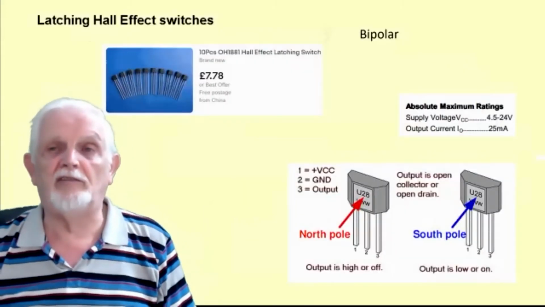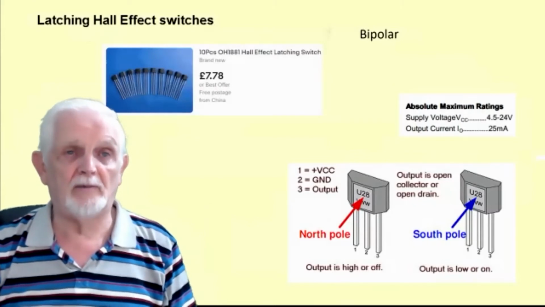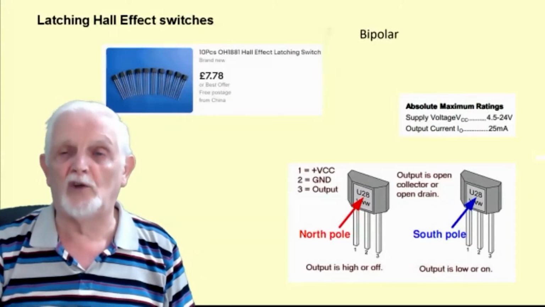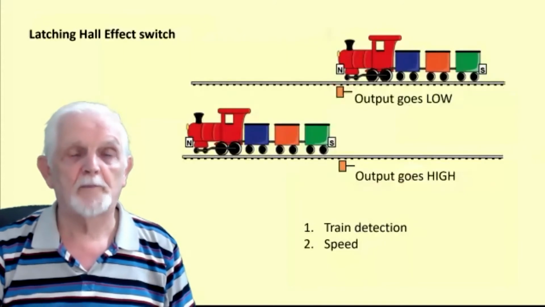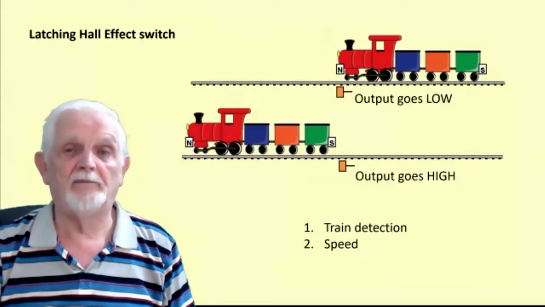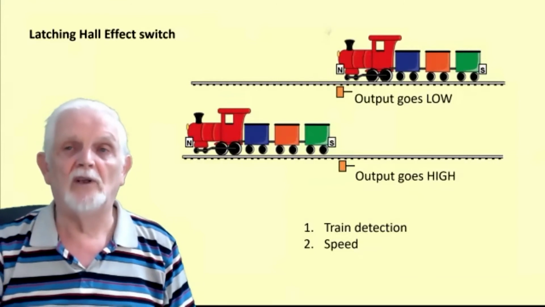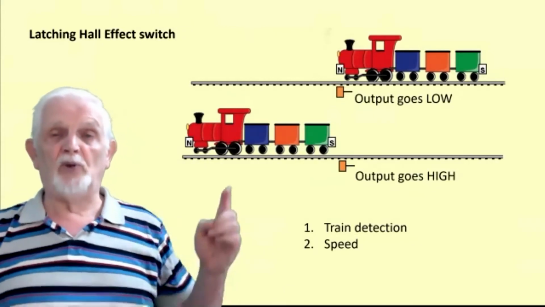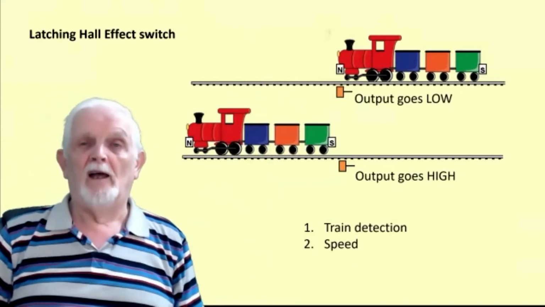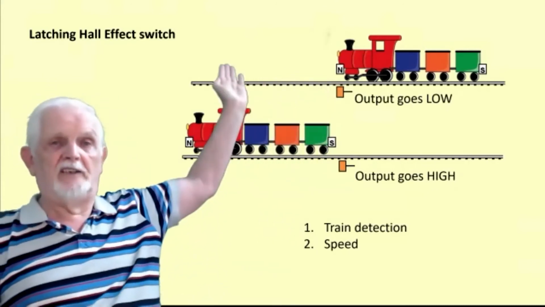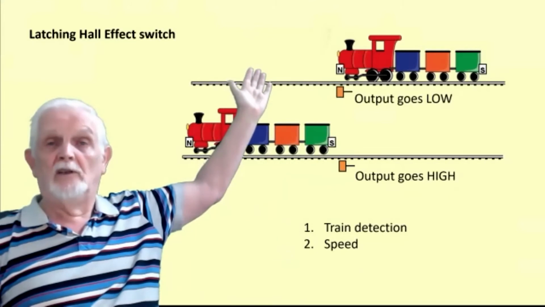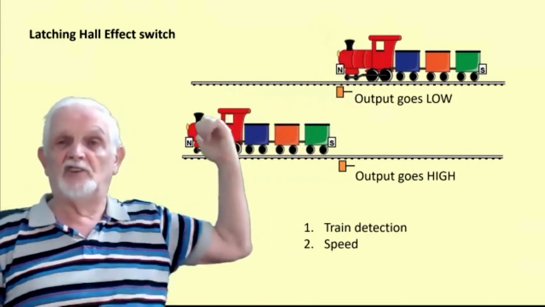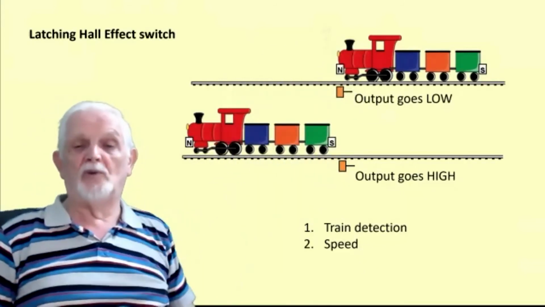And then there's the latching effect ones, which are more expensive. They're about 80 pence each, as you see. But it depends whether you put a north pole or a south pole to them. You could try that same thing, only this time it's going high and low. This time the output goes low and stays low. So if you put a north pole on this train and you're coming up to a barrier gate, for example, or a signal, the barrier gate will activate for the length of the whole train and is only switched off when the south pole comes.